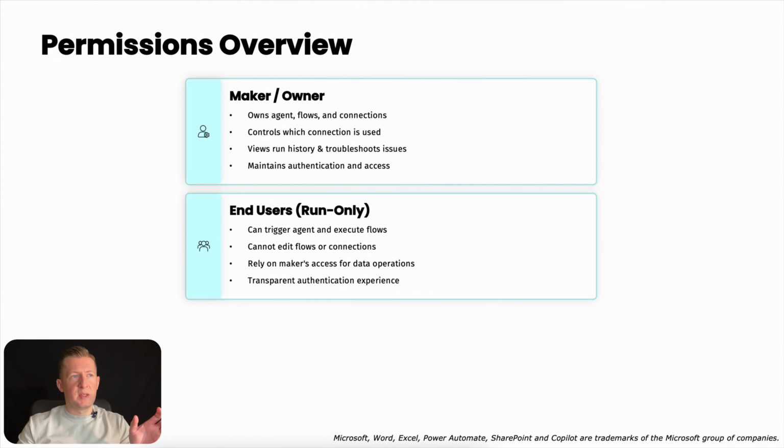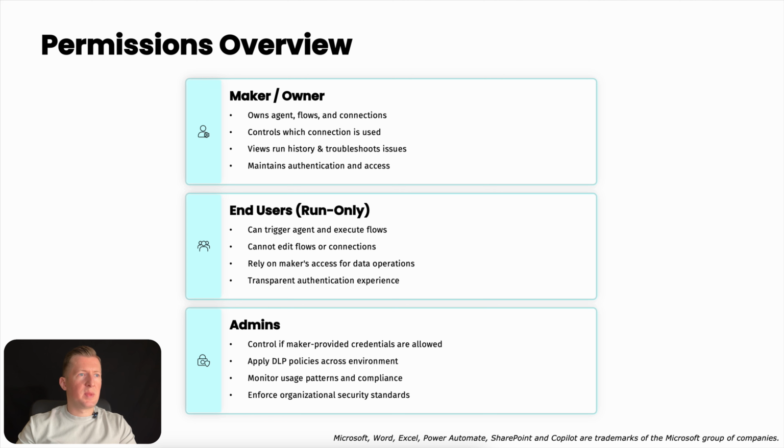But this point, relying on the maker's access for data operations, can also be dangerous, because maybe with your maker account you have access to files and data that are not accessible to the end user originally, but with the usage of the Copilot Studio agent with these settings, he or she will get access to this data as well.